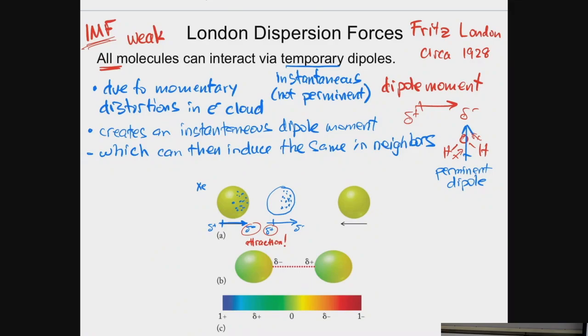All right. So when we have larger atoms or molecules, that's going to give us larger electron clouds, which gives us more distortion.